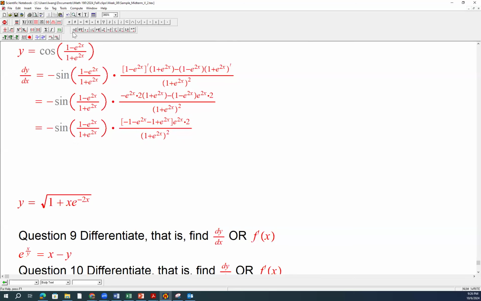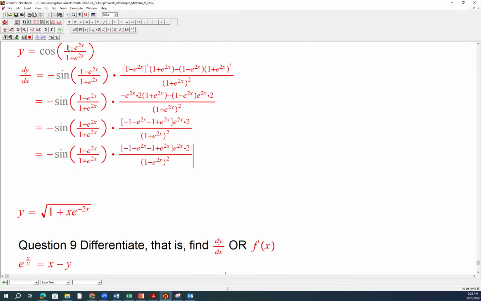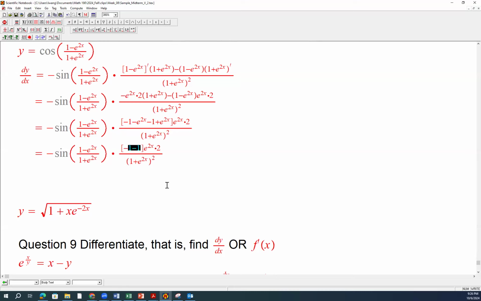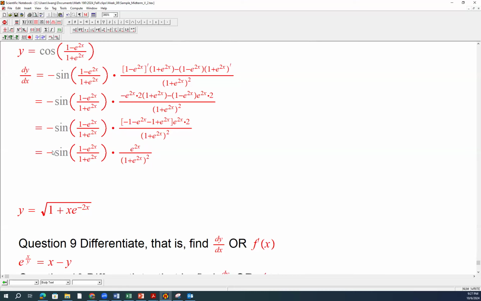Make 0. Oopsie. So these two are gone. So we got negative 2 inside the bracket. And negative 2 times 2, that's going to be negative 4, right? So negative 4 times negative, that's a positive 4.